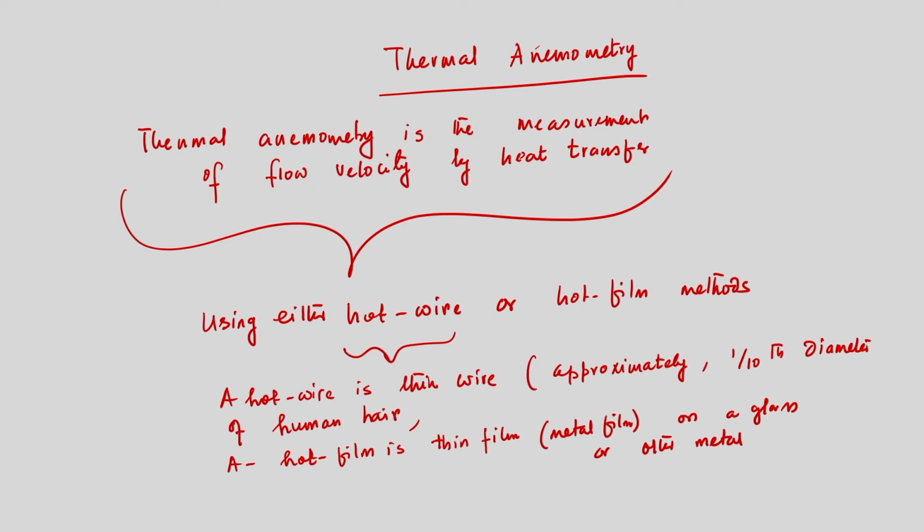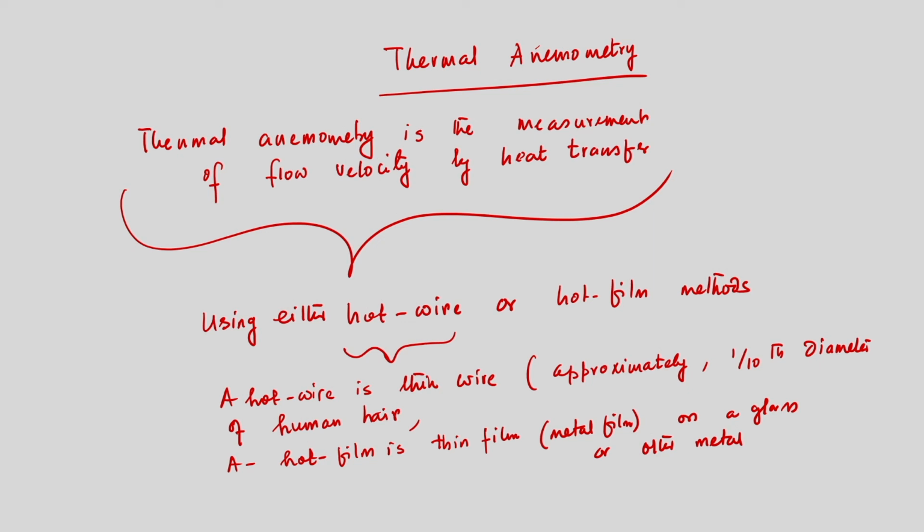Now, we will discuss, when we talk about flow velocity, whether we can place these instruments in a flow field which is highly chaotic in nature. Even if we place this instrument, rather thermal anemometry, in a flow situation where the flow field is highly chaotic, how can we measure the actual flow velocity using this instrument?